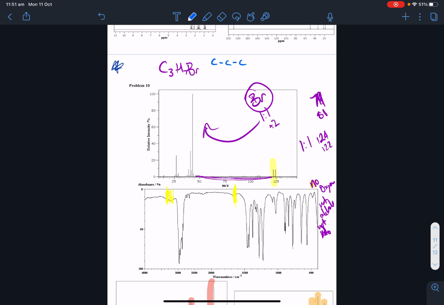We could have bromine on the 1, or bromine on the 2. Can we shorten it? No, we can't shorten the backbone and then put a methyl group on there. So these are our 2 isomers. We could have 1-bromopropane or 2-bromopropane.